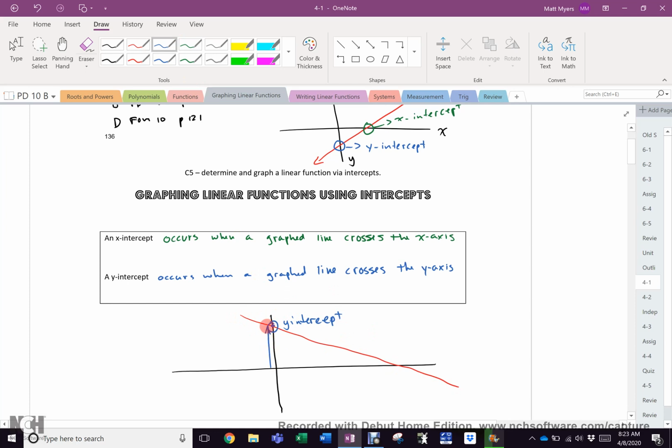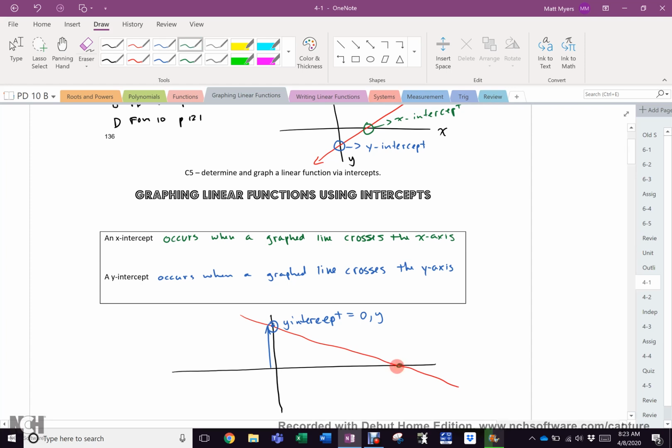You don't. You just know it's somewhere on the y-axis. Do you know that point's x value? Well, sure, because it hasn't moved side to side. So the y-intercept's value is 0, y. 0 because it's got no x value.